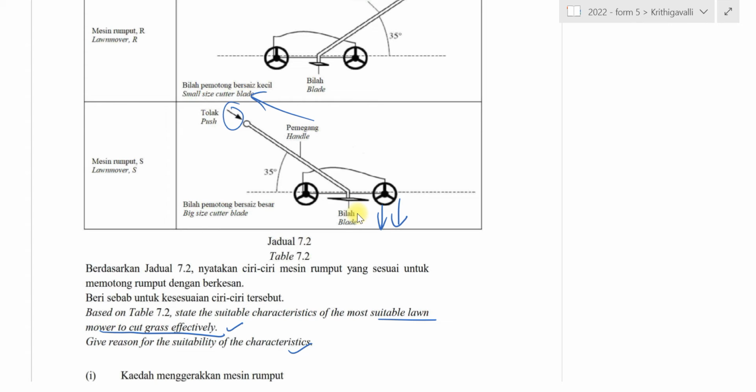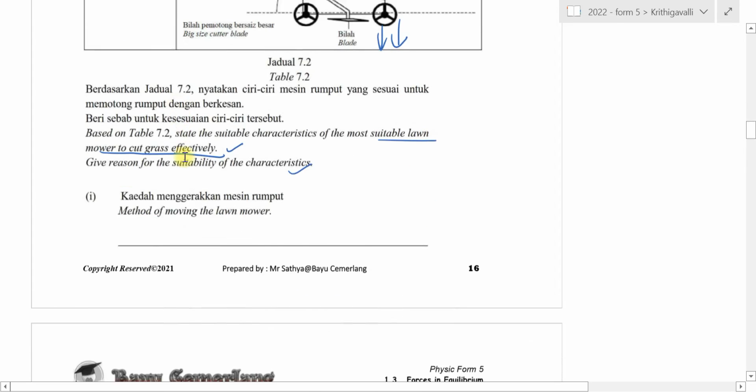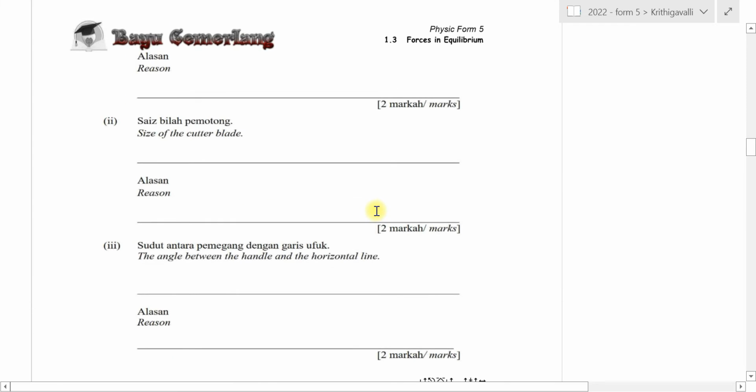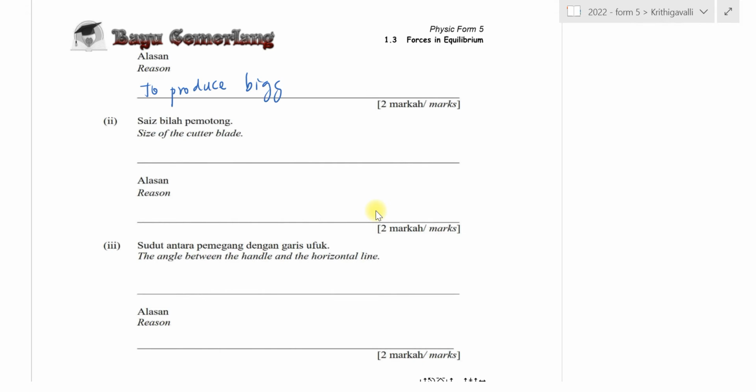So we don't want to pull up but push downward. So the method of moving the lawnmower: push downward. Why? The reason we can tell is we want to push downward to produce bigger downward force.